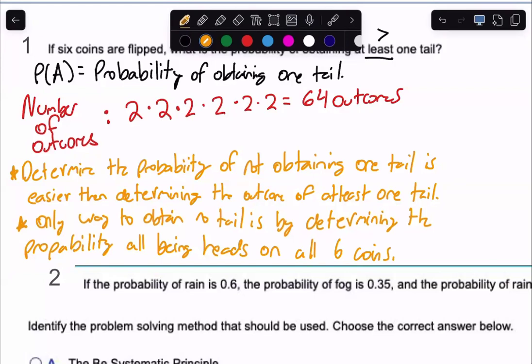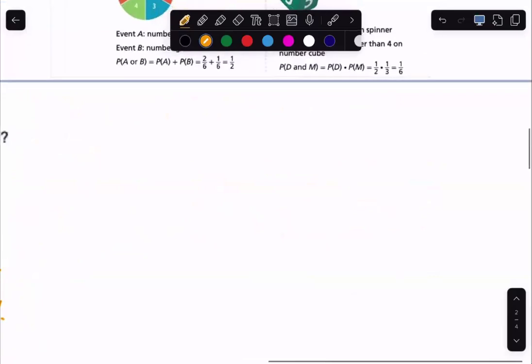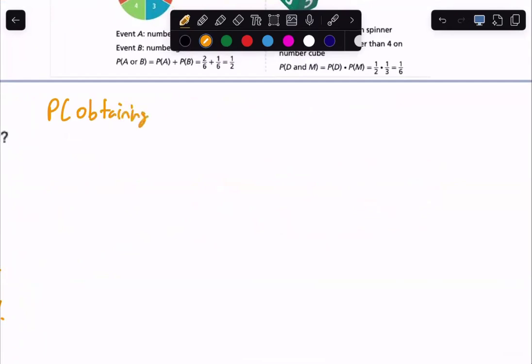So how does that look? The probability of obtaining all heads, not tails, sorry. Maybe I'll fix this in my notes.